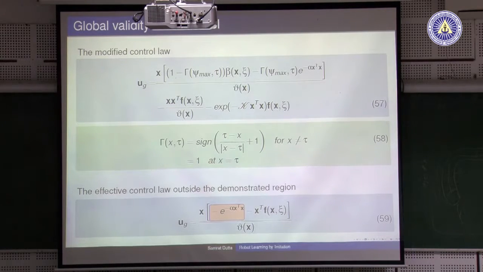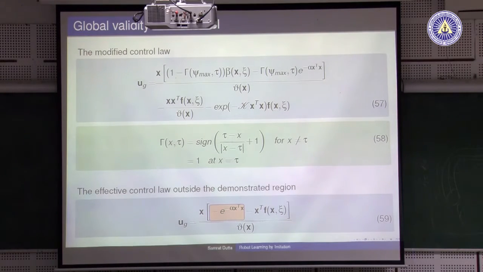So, we modify our control law in this way, and the effective control law becomes like this. Now, this term is basically, as we have seen when we used our first proposed law, it was beta.